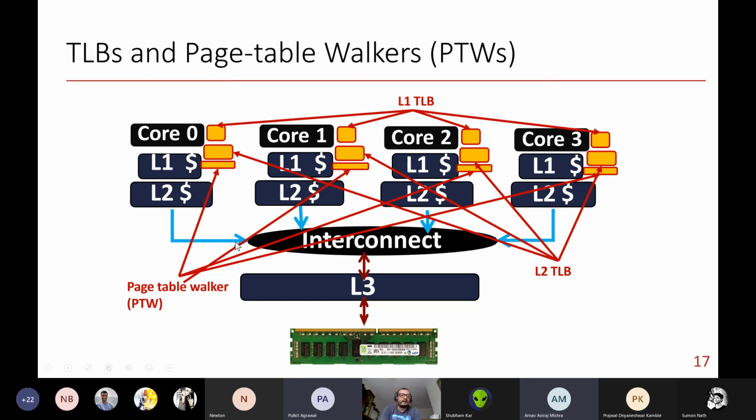Again, depending on the code and data footprint, the data may be present in the L1 cache or L2 cache, or in the worst case, you have to go to DRAM. So in total, if it is a killer application that is highly irregular, with no locality, just to get the data you have to access DRAM 6 times: 5 times just for converting a virtual address to a physical address, then once more to get the data.